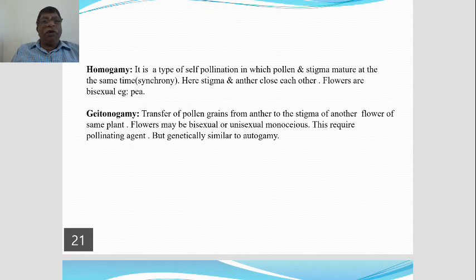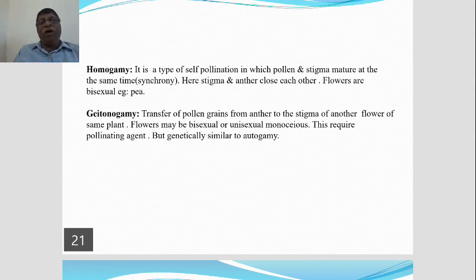Or flowers may even be bisexual. But geitonogamy requires a pollinating agent. Genetically, geitonogamy is similar to autogamy.